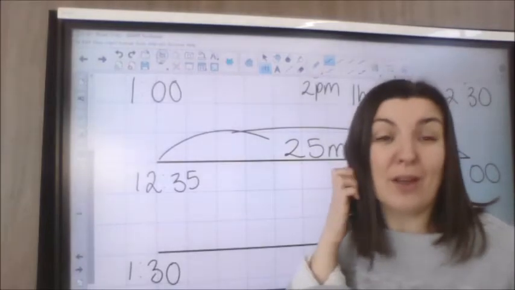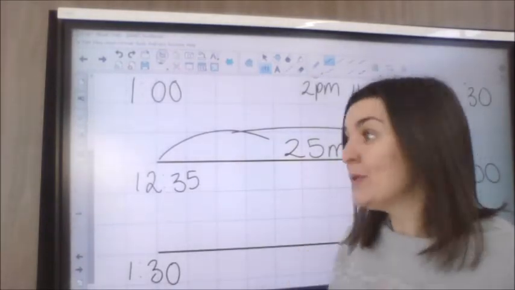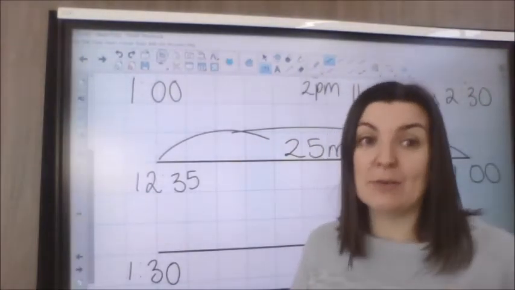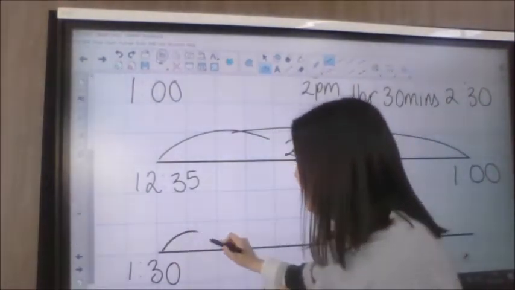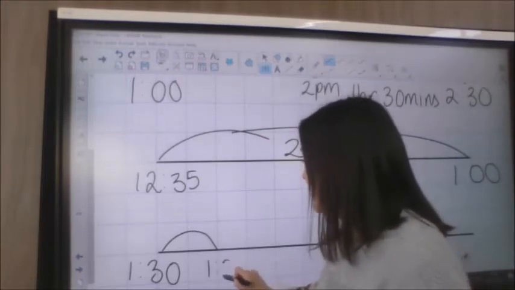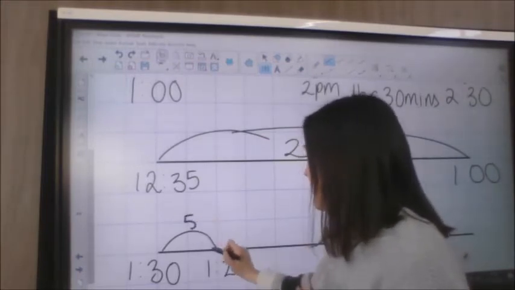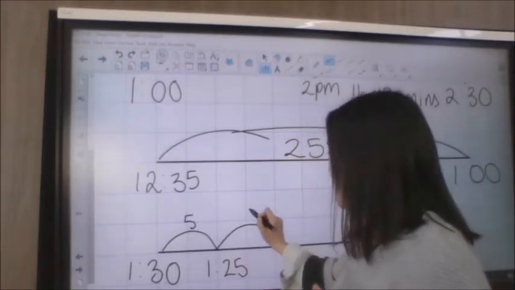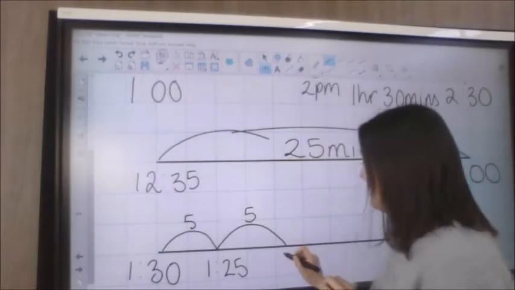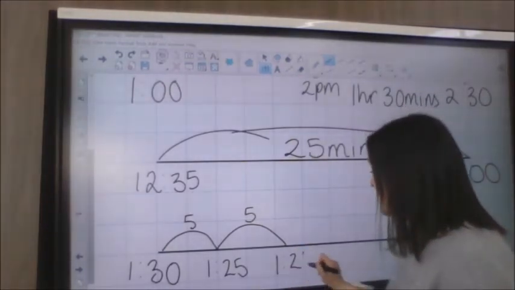So it's going to be taking it away off the minutes. Some of you might do a big jump of 25 minutes in one go. You might go back in 5s. So take away 5 minutes, that would be 1 hour 25 minutes. Take away another 5, because we've got to take away 5 lots of 5 since we're taking away 25 minutes. 1 hour 20.